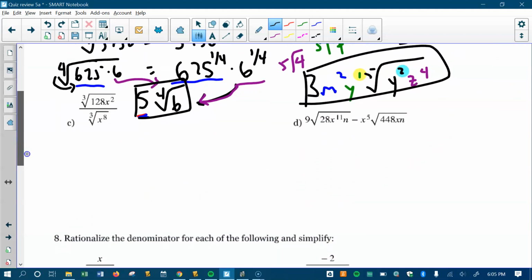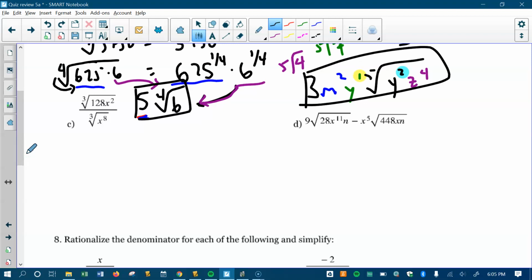Number 3. Okay, let's do 128 to the 1/3. Oh, yeah, these are hard. All right, let's do 128 to the 1/3. So I need a number that's multiplied out 3 times. So that could be like 8, because 8 is 2 to the 3rd. Or it could be 27, which is 3 to the 3rd.